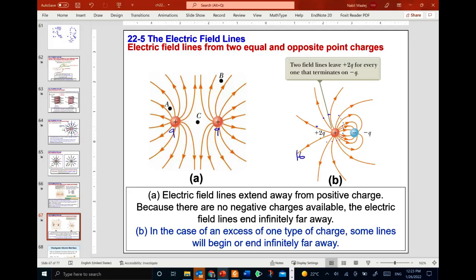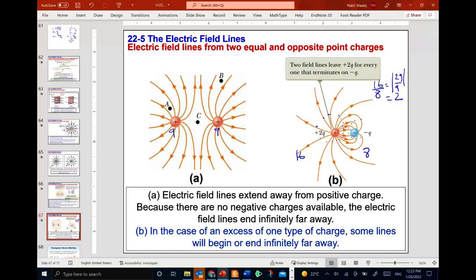So we have 16 lines here, and let's count how many are converging on the negative charge. 1, 2, 3, 4, 5, 6, 7, 8. So we have 8 lines. The number of lines, 16 divided by 8, should be equal to the charges. So we have 2Q divided by Q, which is 2.